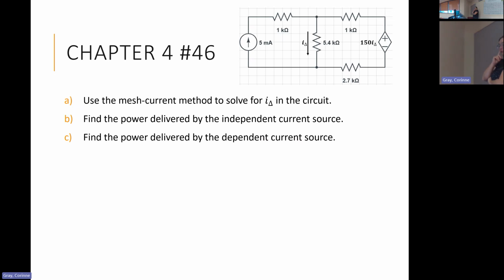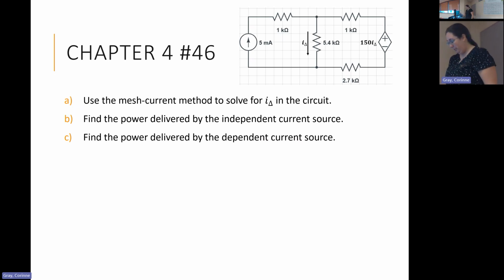Perfect. So the diamond on the right, is that a voltage or a current dependent source? Voltage. How do you know it's a voltage? The plus and minus inside it. Yeah, that is going to be a voltage source. If we look at the equation next to the voltage source, it's 150 I delta. Where's I delta? I delta is explicitly labeled.